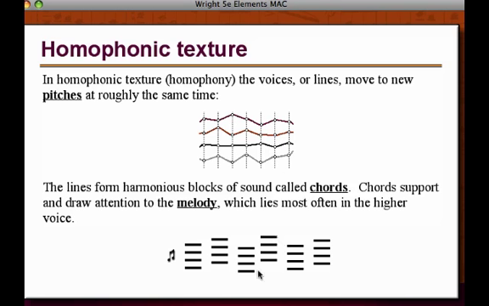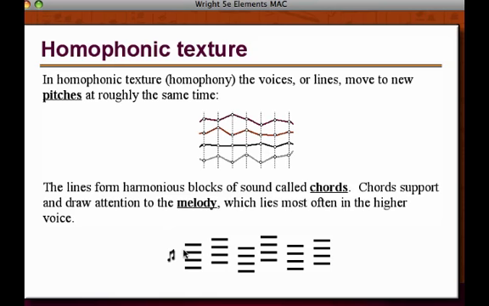Okay, so that's one melody, and the other voices underneath it are changing roughly at the same time to provide the accompaniment. That's a really good example of a homophonic texture.